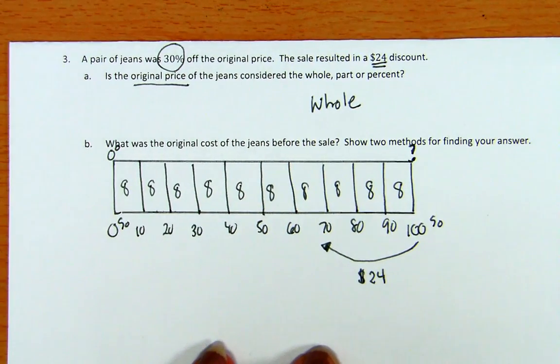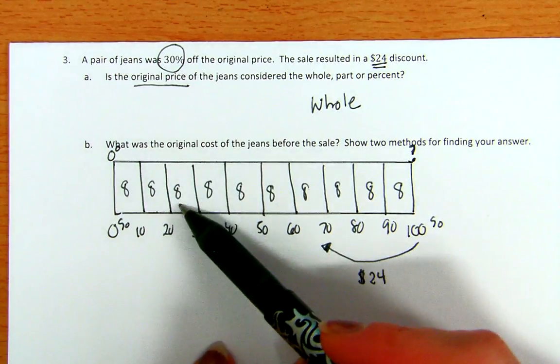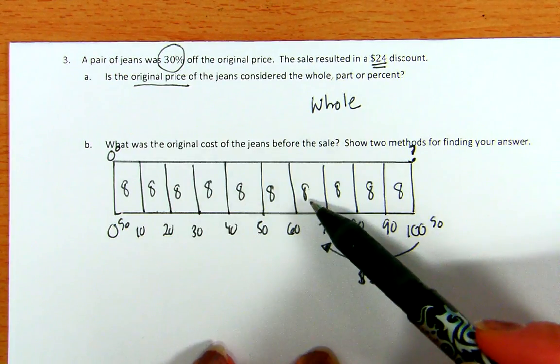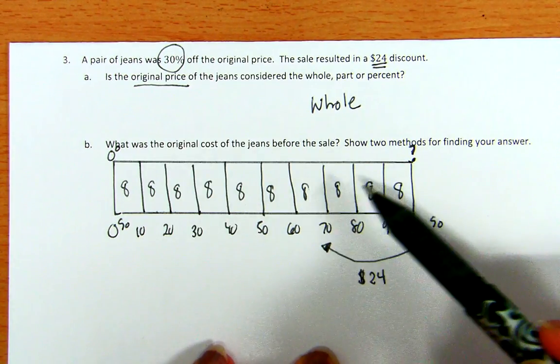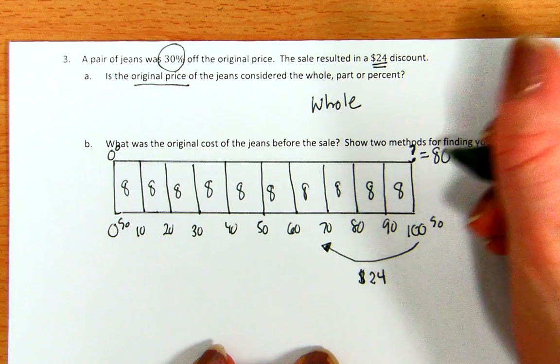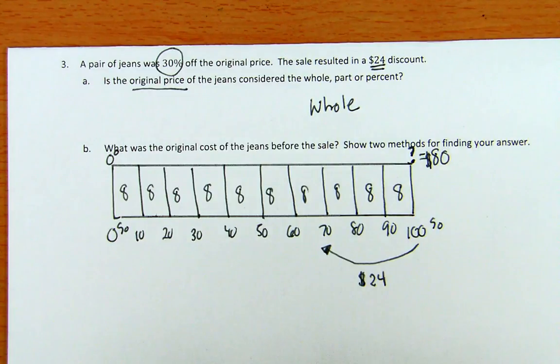So what would the whole price of the jeans be? Well, 8, 16, 24, 32, 40, 48, 56, 64, 72, 80. 10 groups of 8 would be $80. So we have found the full original price of the jeans.